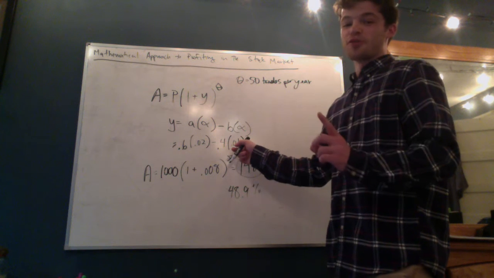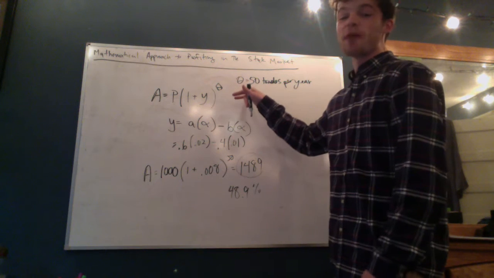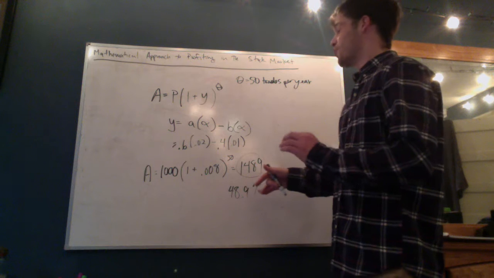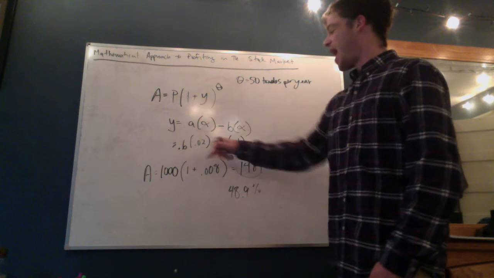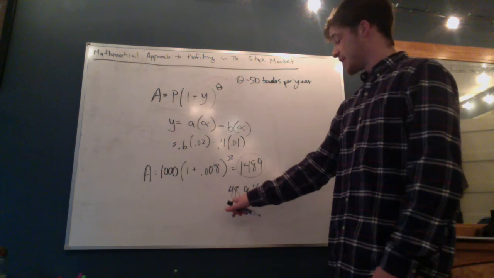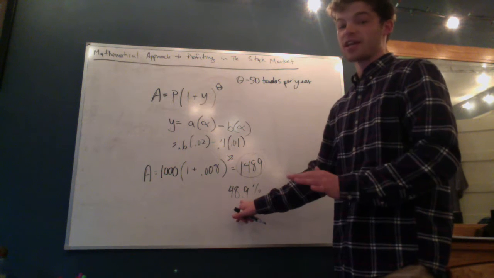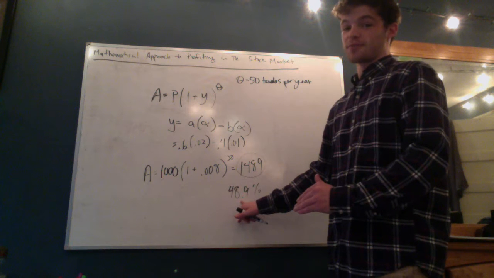And it's also important to realize that it's compounded. So you're raising it to the 50th power, however many trades you're making. This is what I average here. I found that this number has held true as well, about 50%. So in 1 year, you can expect to get a 50% return.